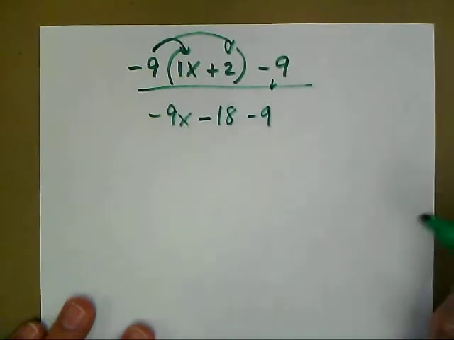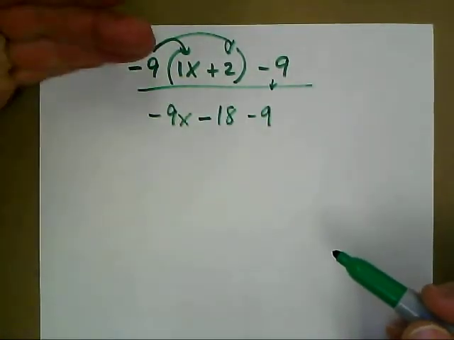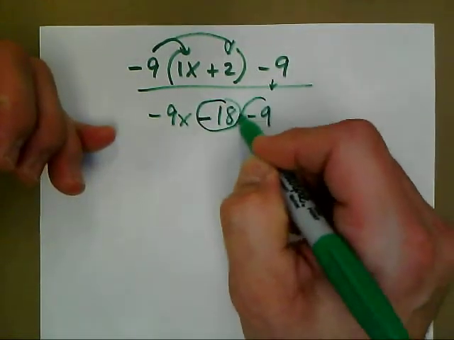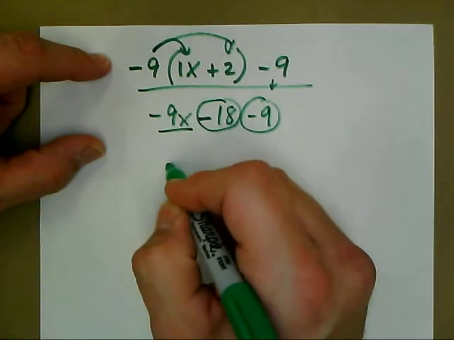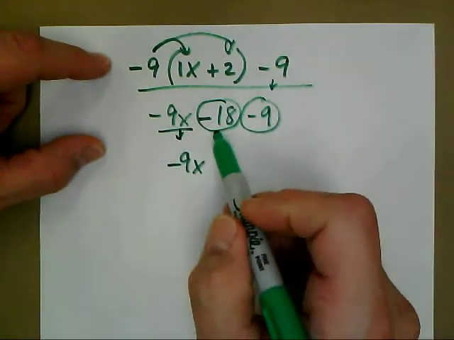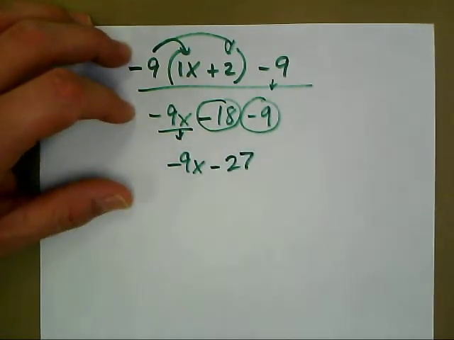We carry it over. Separate steps here. We have a new problem. Well, we distribute. Now we're going to combine like terms. There are no other x's, but there are non-x's, which are right there. Since there's nothing to combine that with, -9x just comes down. And -18 plus -9 is -27.